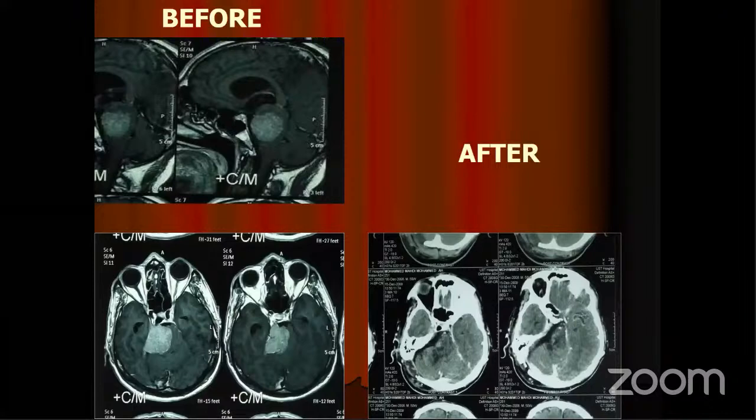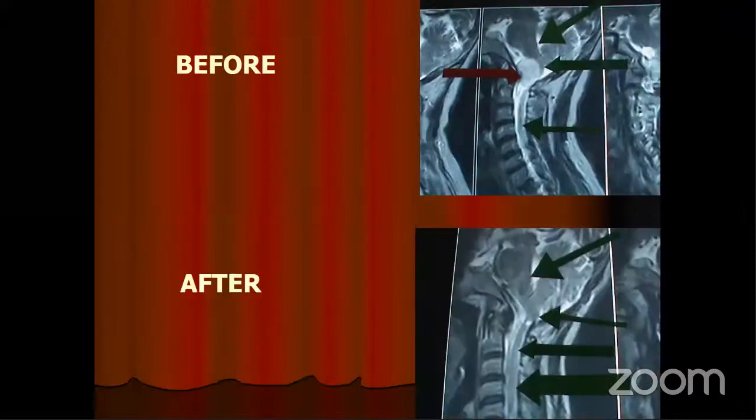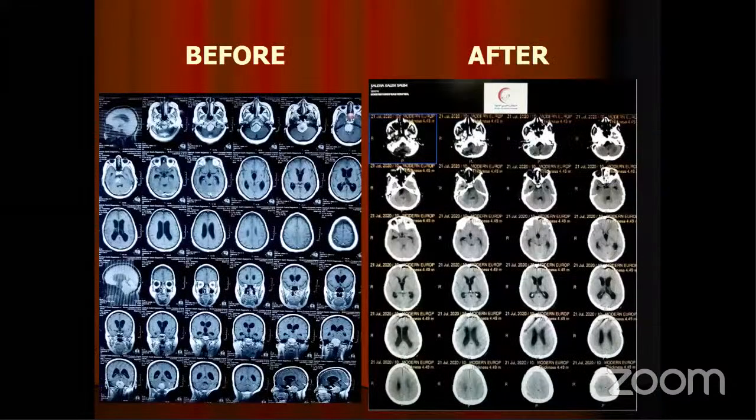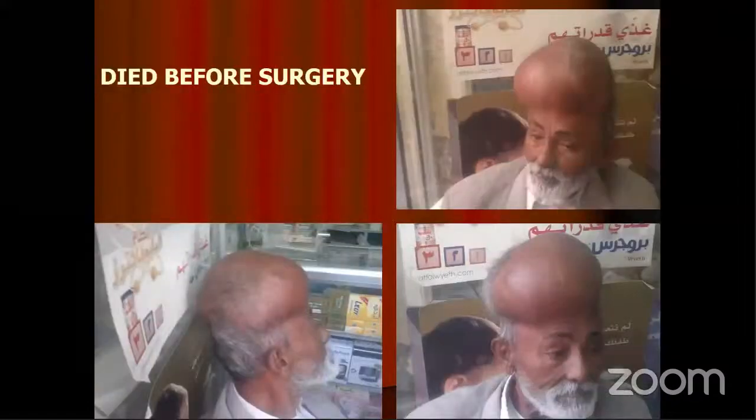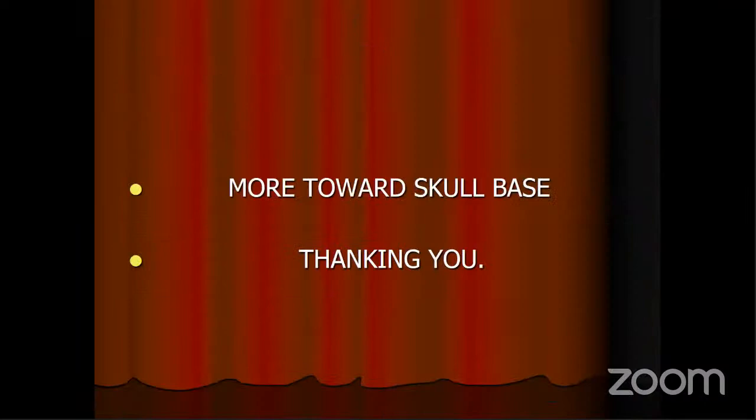This is a petroclival meningioma, taken with a small residual hard part left just around the basilar artery. And this is the foramen magnum meningioma pre and post, the same very large clivus and foramen magnum meningioma, which was taken through a very good approach. Such like patient who died before surgery, like this one, he came to us very late. He died before surgery, and more towards skull base.